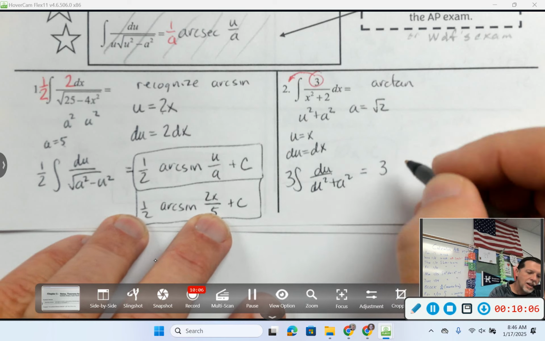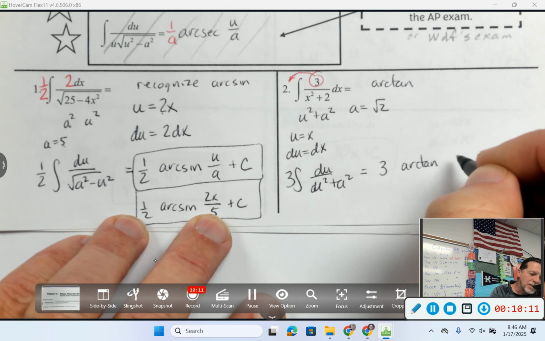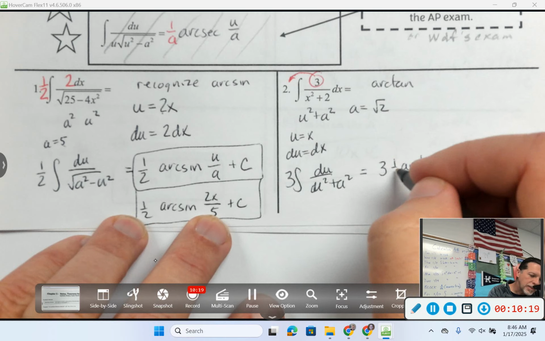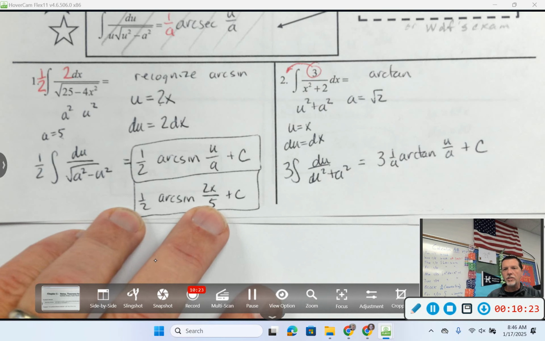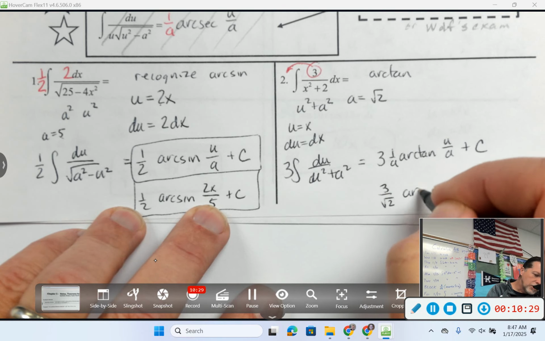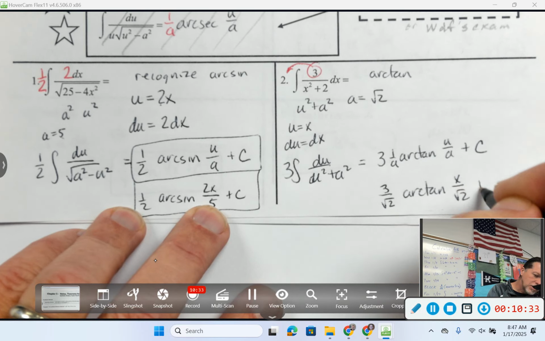So 3 arctan, I intentionally left a little space there, u over a plus c, because what else needs to go there? The 1 over a. And again, as long as you've said what u and a are, you can leave that. 3 over root 2 arctan x over root 2 plus c.